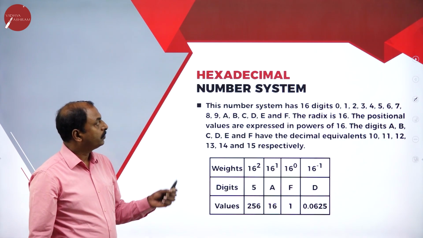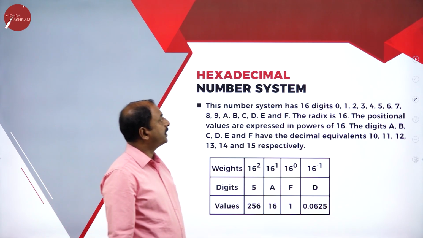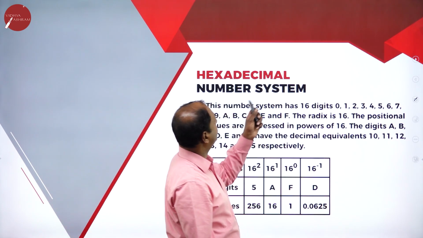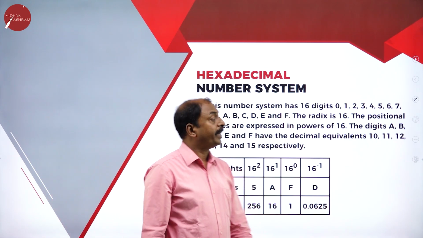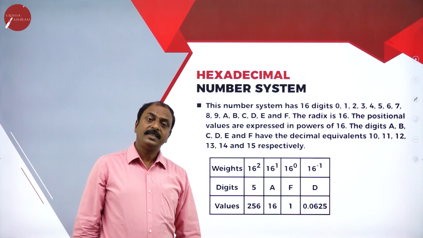Now let us move on to the next number system, that is hexadecimal number system. Hexadecimal: hexa stands for 6 and decimal for 10. So hexadecimal is to the base 16.